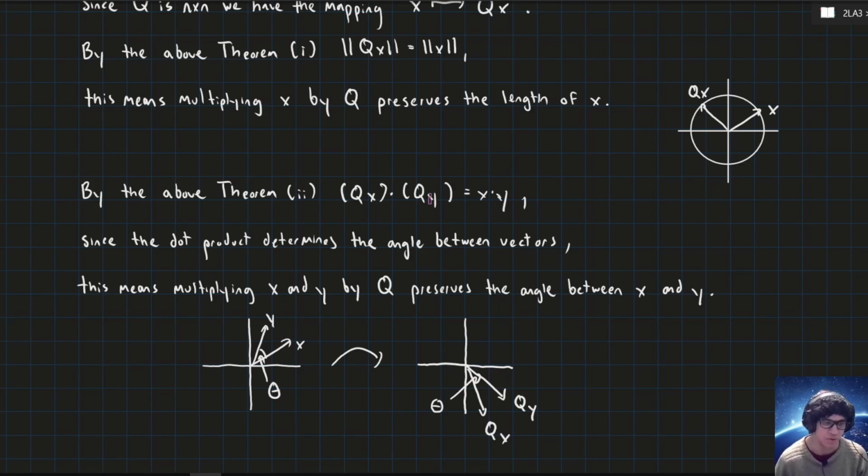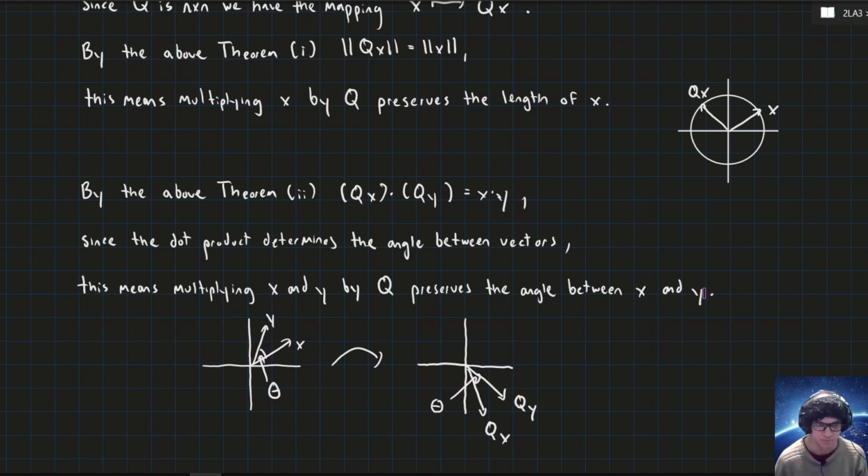What this formula means is that multiplying by Q preserves the angle between x and y. If I have x and y here, these two vectors, and the angle between them is theta, and I multiply both of them by Q, then it rotates both of them, keeps both of their lengths the same, and it also keeps the angle between them the same.